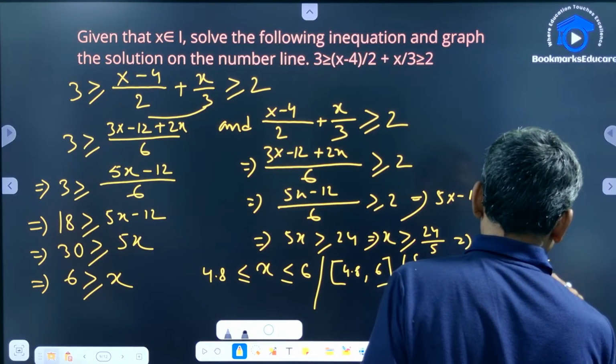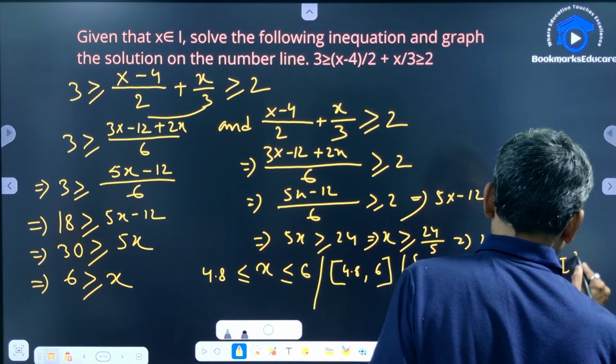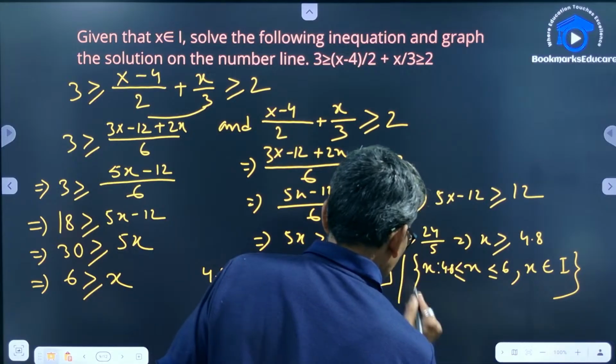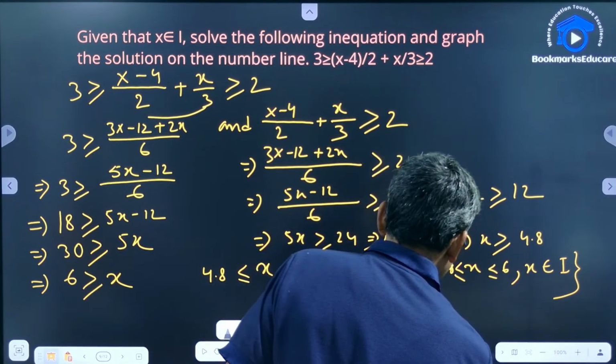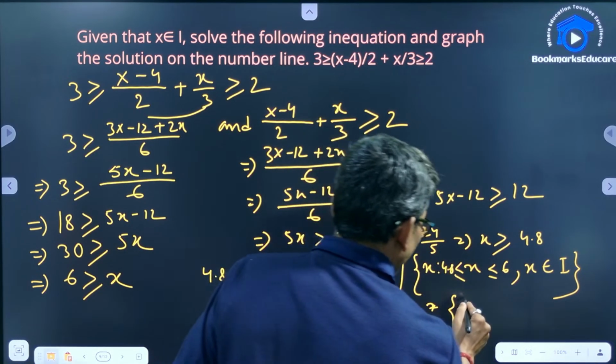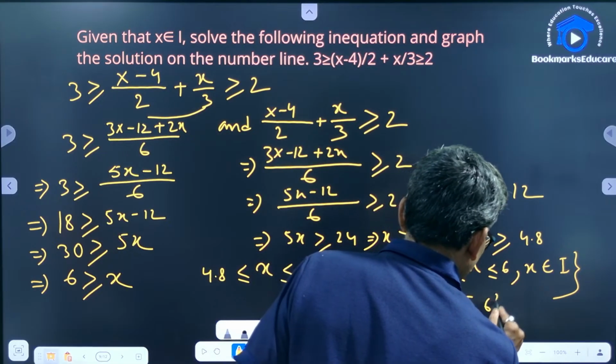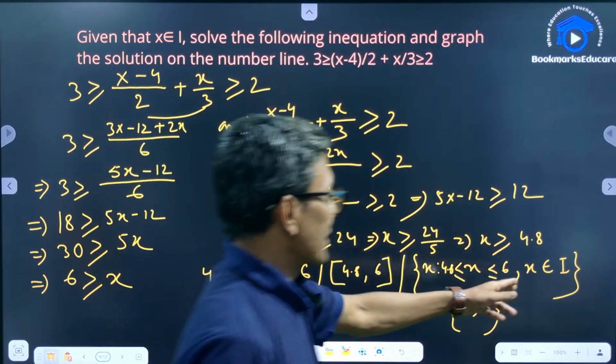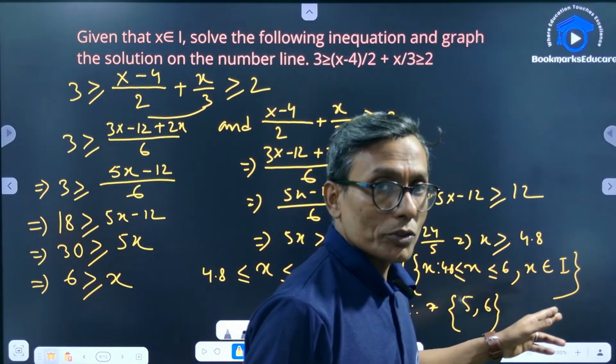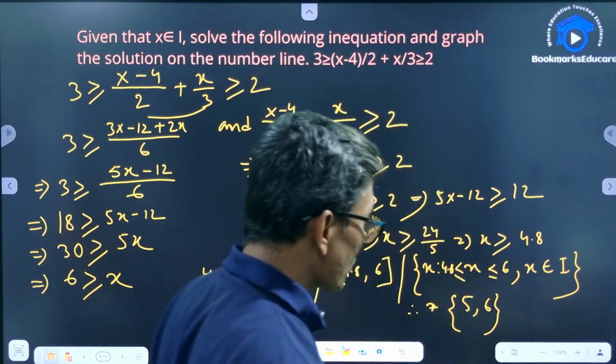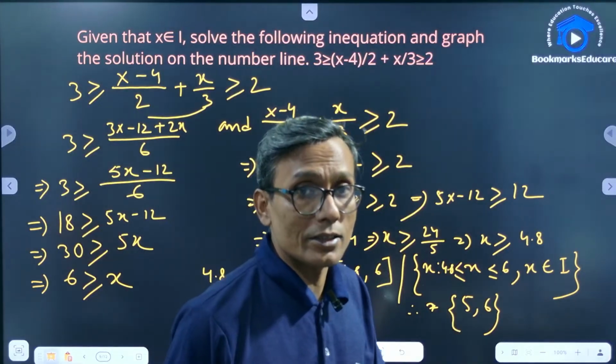x belongs to I, so the exact solution set is 5, 6, because x belongs to integers, so that is why we have to take only integer values of x.